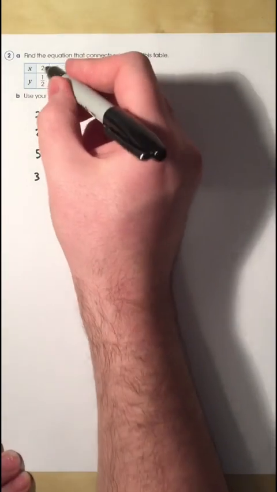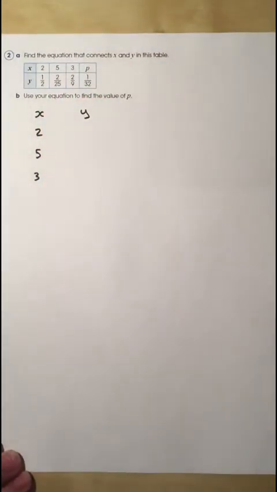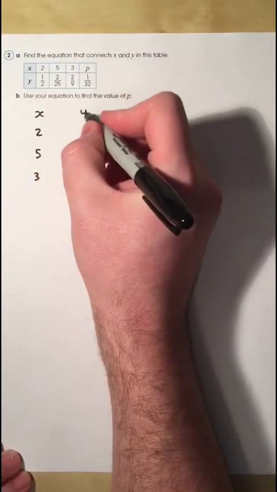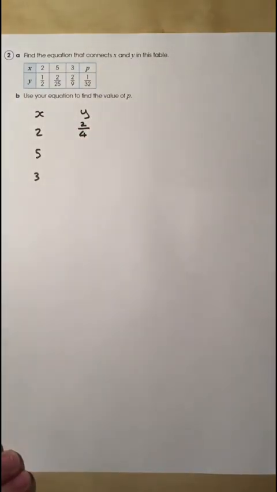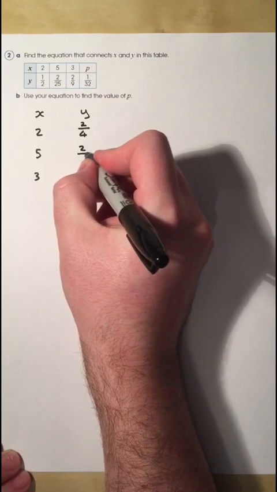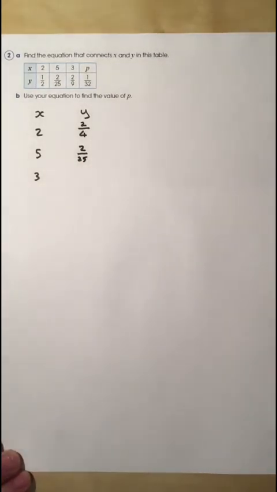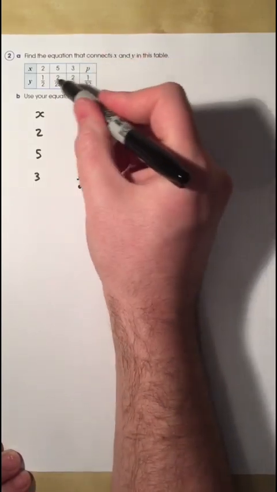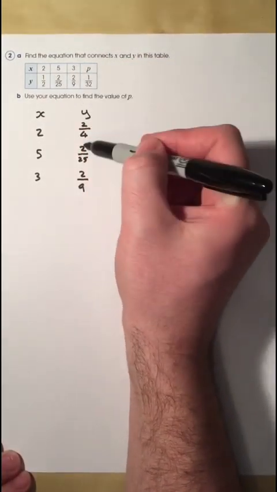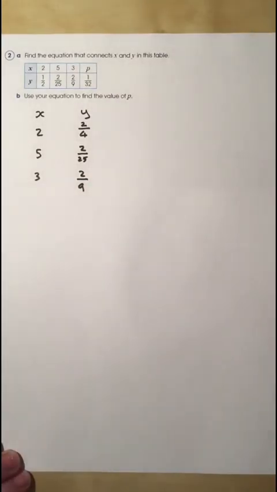So what you could notice here, and what I told you is a hint in the lesson, is you change that 1 over 2 into the fraction 2 over 4. The 5 becomes 2 over 25, and the 3 is 2 over 9.